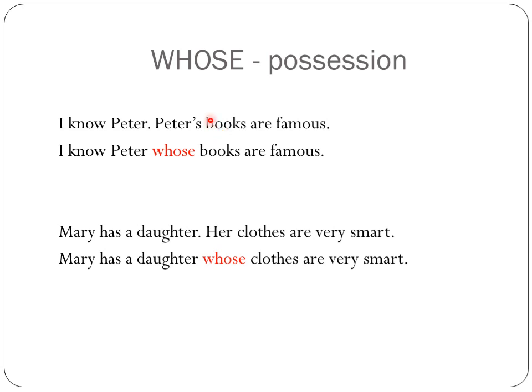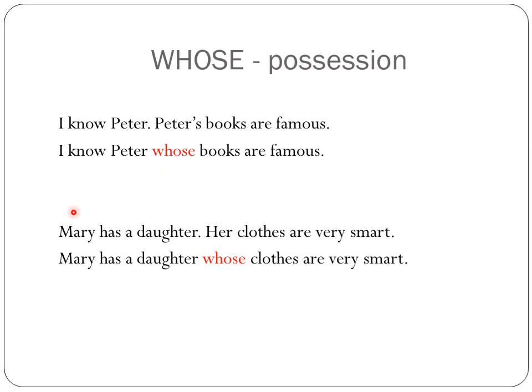How do we know? Because we have a genitive case here, the apostrophe s, that indicates possession. So: I know Peter, whose books are famous. Remember to eliminate one of the elements because it's going to be substituted by whose.